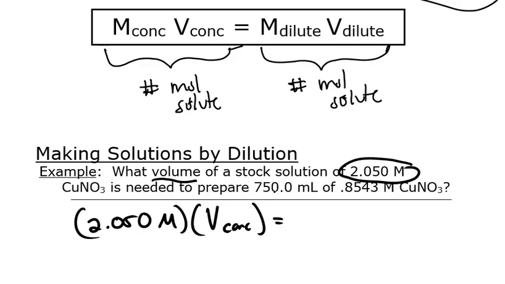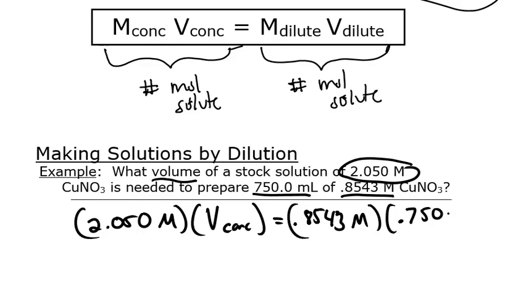And what we want to prepare is this volume of this molarity. So we'll do molarity first, 0.8543 molar, and the volume needs to be in liters if we want to have our answer in liters. So we'll convert it to 0.7500 liters.